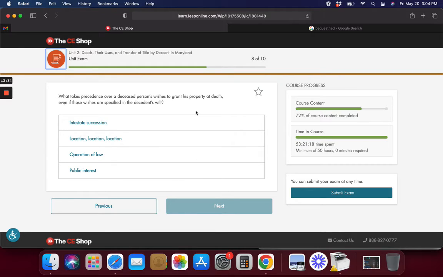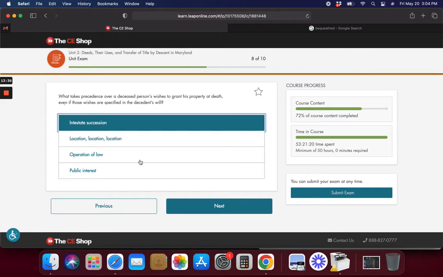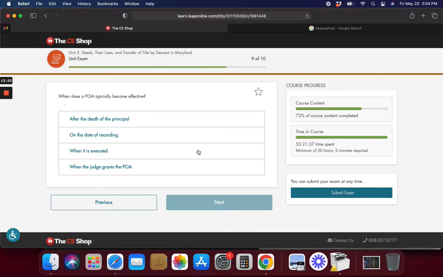What takes precedence over a person's property at death, even if those wishes are specified in the decedent's will? Well, it should be specified. It could be operation of law. But when does a POA typically become effective?